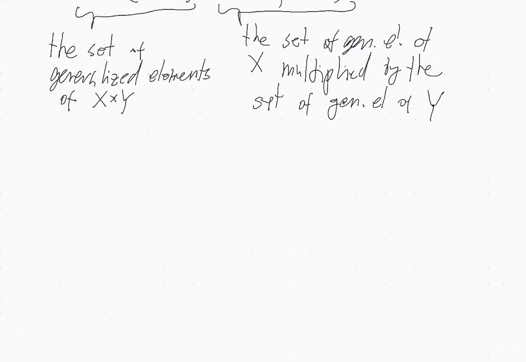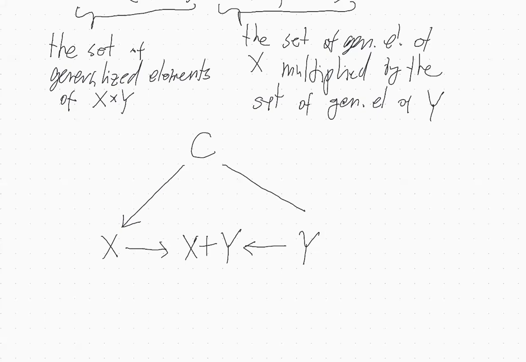If we consider now the same philosophy for sum, if I take sum here and I want to classify x plus y as maybe the union of the set of generalized elements of x and generalized elements of y, it doesn't work because the definition of sum says nothing about things going into the sum. It says things about going out from the sum, not into. And my generalized elements are defined as things going into objects.